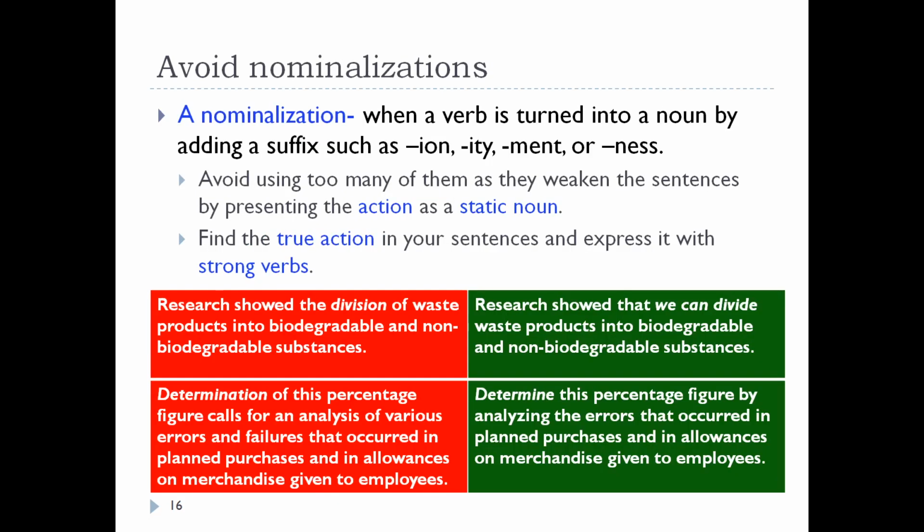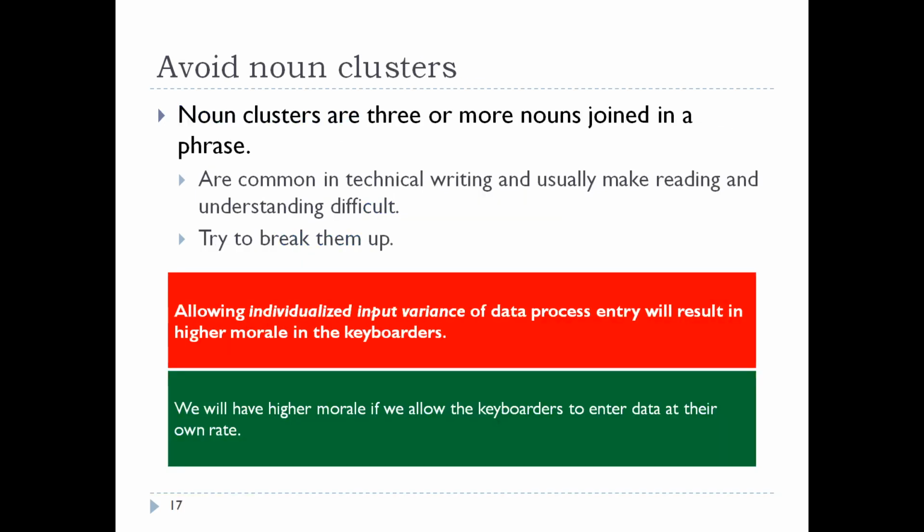If you get rid of nominalizations, you make your writing more clear. Nominalization makes it difficult to understand things. If you look at these two examples, the ones in green are relatively easier to understand.